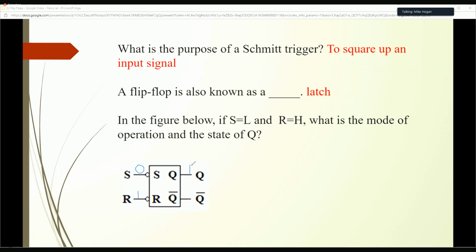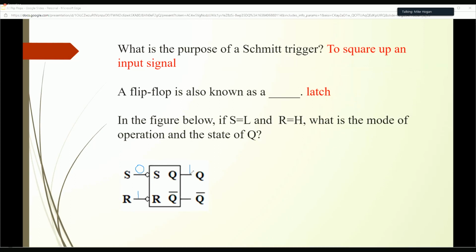All right. The trick is, I've got to figure out which input is active. And it's always based on the state indicators. If I've got state indicators on the input, then that means it's active low. If I don't have that, if I've just got a line that goes straight in, no bubble, then that means it would be active high, right?